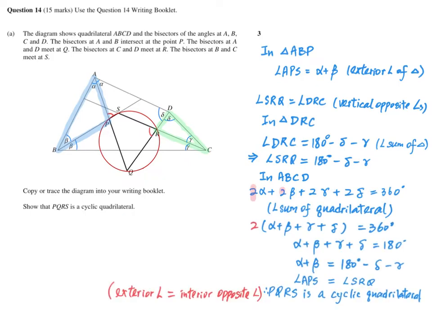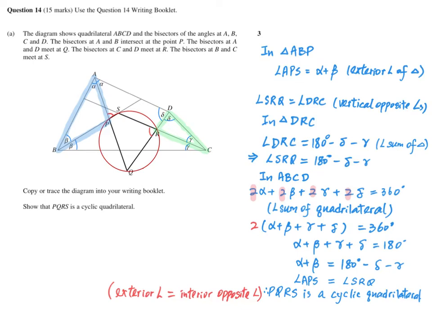Now we can see all the alpha, beta, gamma, and delta, we have 2 for each. Let's take out this 2 as a common factor and divide both sides by 2. We know that the sum of alpha, beta, gamma, and delta should be equal to 180. Then transpose gamma and delta to the right-hand side. You will have alpha plus beta equals 180 degrees minus delta minus gamma.